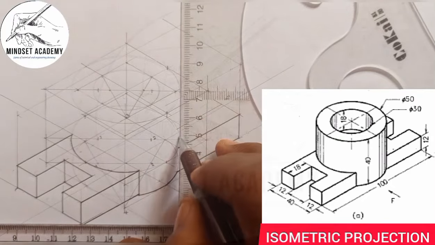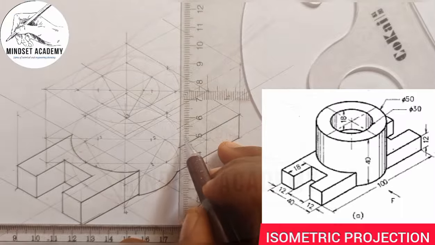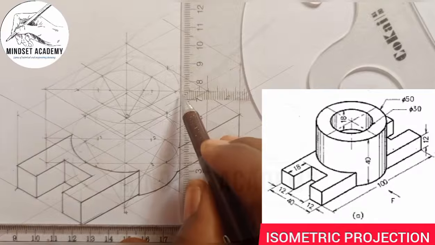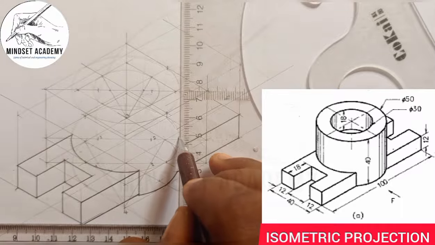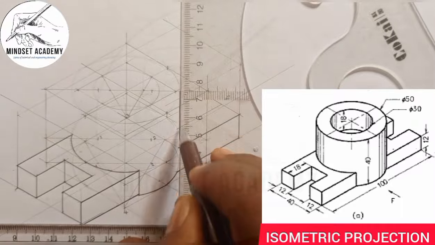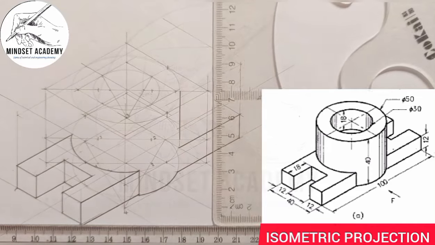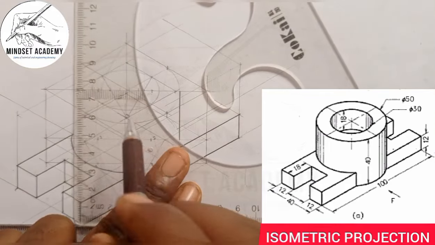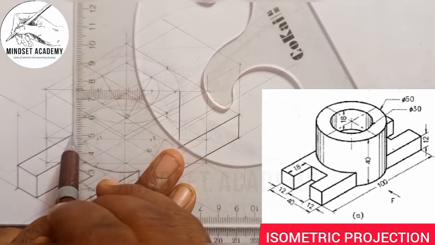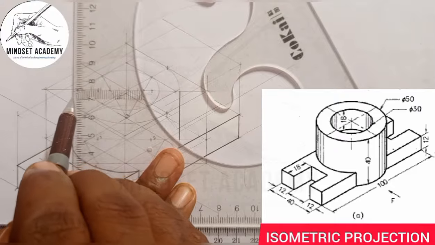Now after that, I'm going to join this together. These 2 points, I'll join it together. As in, here to here. Is that taken? And here also, I'll just join this point here to this point.